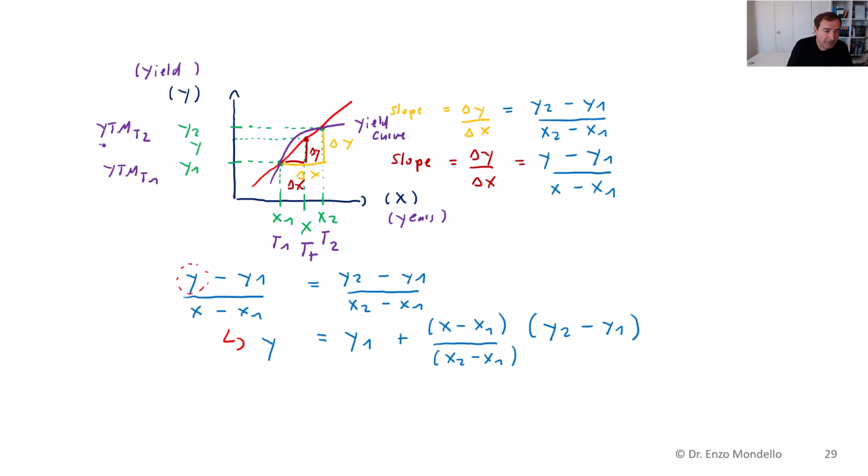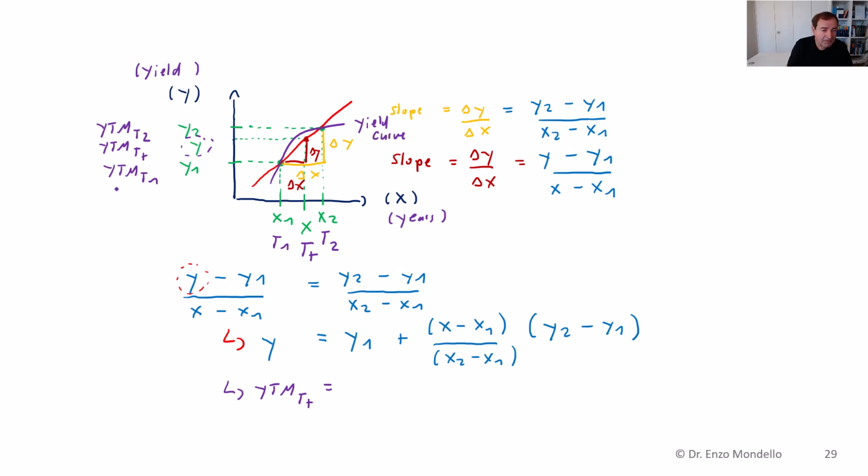And the linearly interpolated yield to maturity, that's then TT, which reflects then the dependent variable Y. So if I enter now these variables in this equation that we have derived before to linearly interpolate Y, then the yield to maturity for a time to maturity TT, which corresponds to the time to maturity of the corporate bond, equals then Y1.